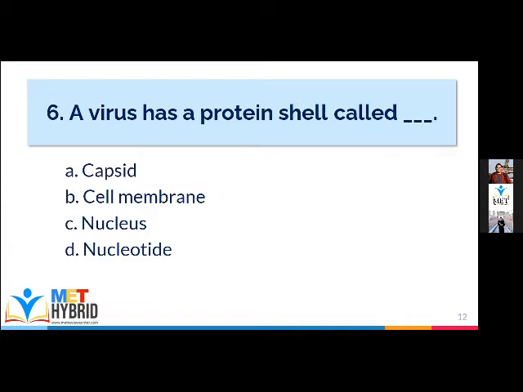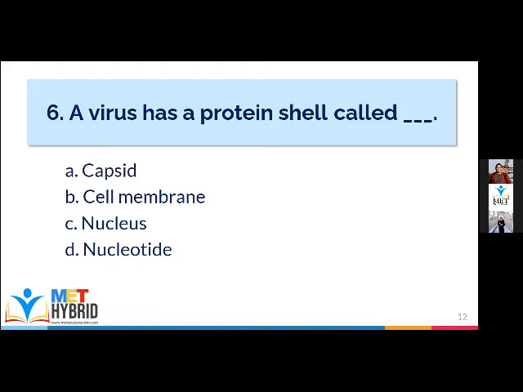So that's why your viruses don't have cell membranes. They don't have nuclei. They have the nucleotide bases in the form of DNA and RNA. However, they don't have these machineries known as organelles that can metabolize, that can make them reproduce, and give them the characteristics of life.